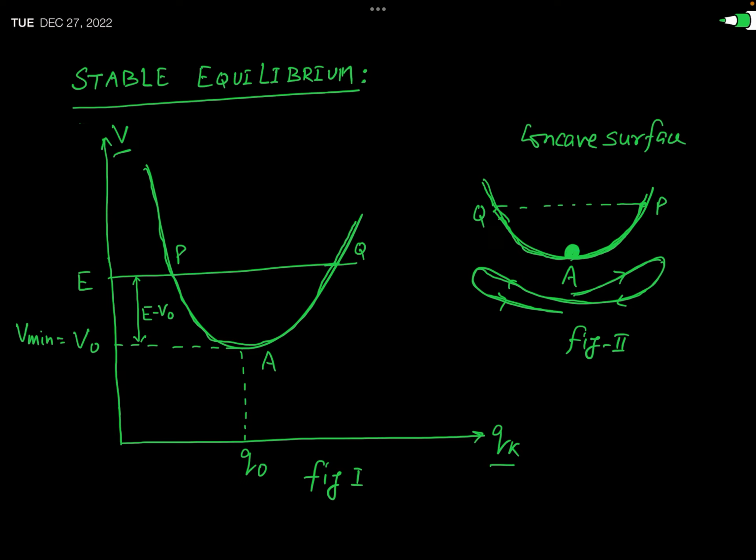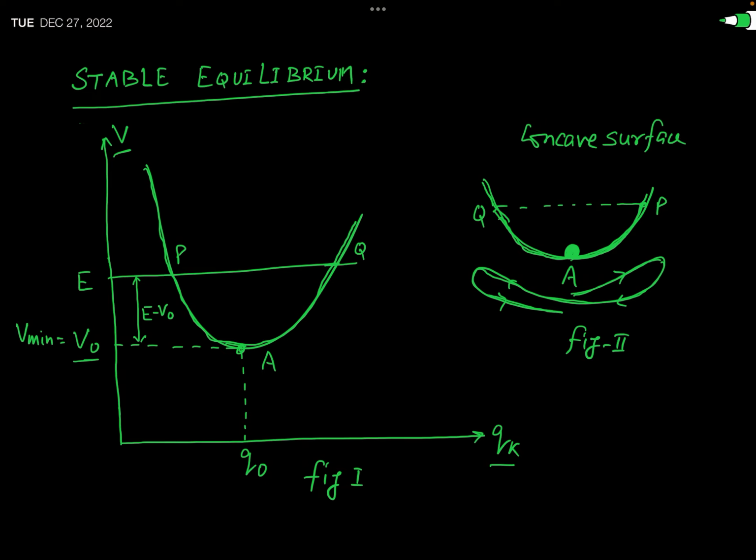Now, this is just a potential energy curve, and if you see this figure, then you can find that corresponding to point A, the potential energy function of this system is V naught, and at any other point the potential energy is greater than V naught.